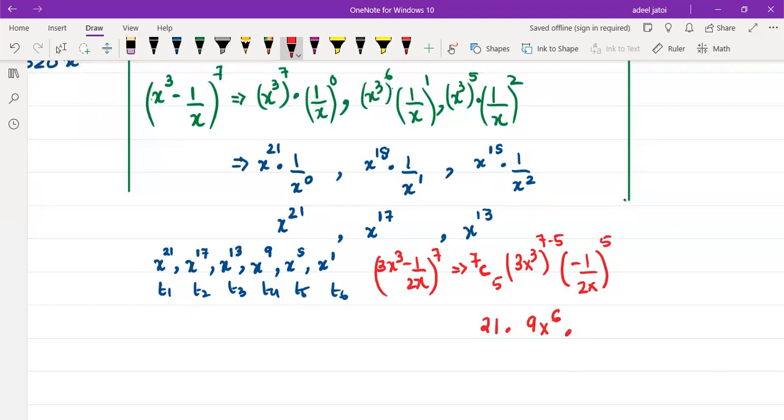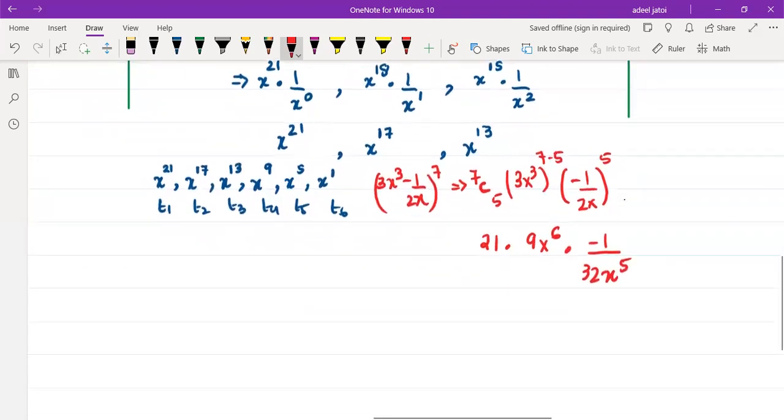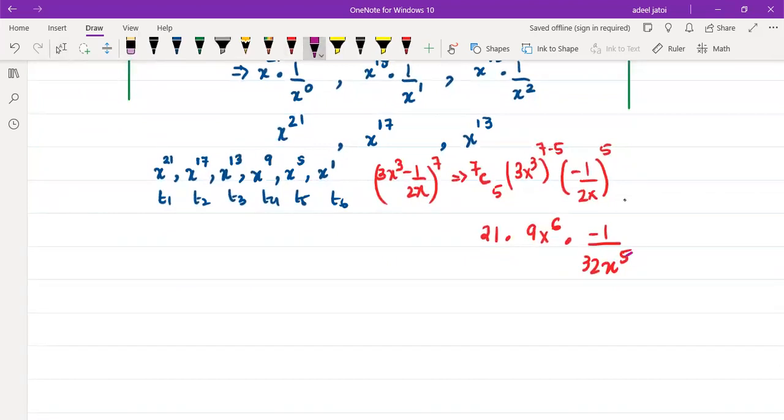And this should be minus 1 upon 2 to the power 5, which is 32x to the power 5. So when 5 and 6 cancel, you are left with only 1. So 21 multiplied by 9 divided by 32. Your end result should be 189 upon 32x.